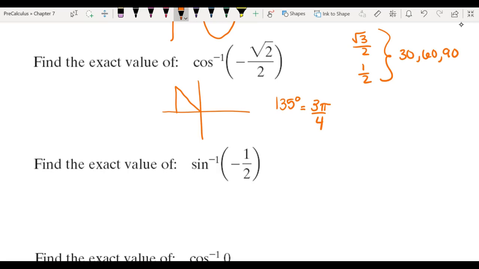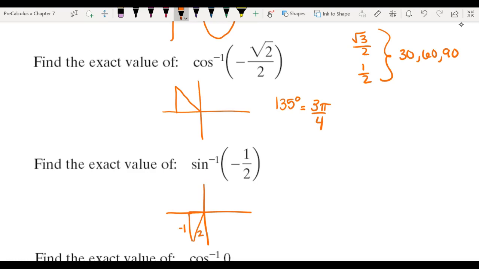So sine inverse of negative 1/2. Which triangle does that deal with? 30, 60, 90. Where is sine negative? 3 and 4. Okay. So remember, you want it where it's first negative. So it's going to be down here in 4. If sine is negative 1/2, it means this is negative 1 and this is 2, right?